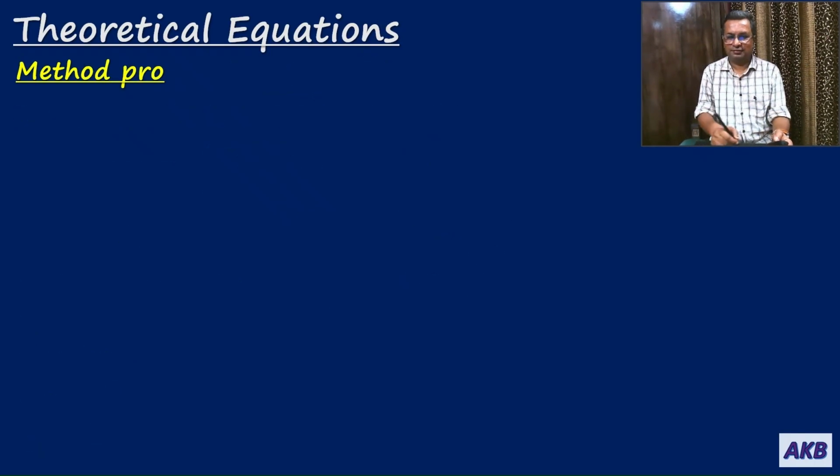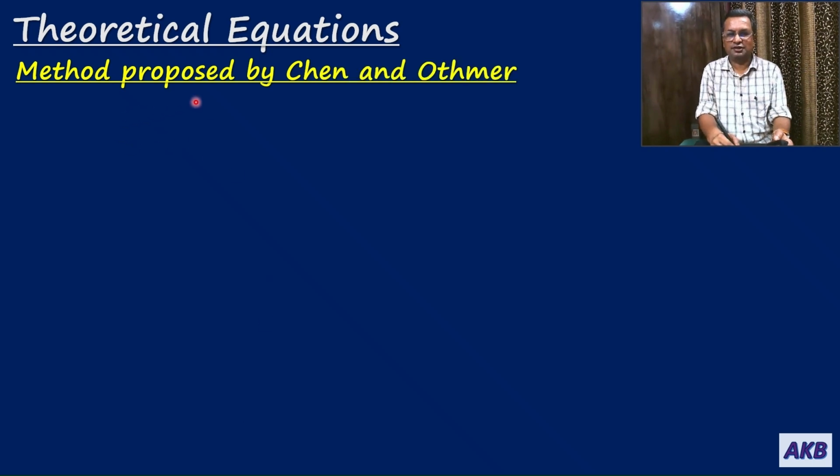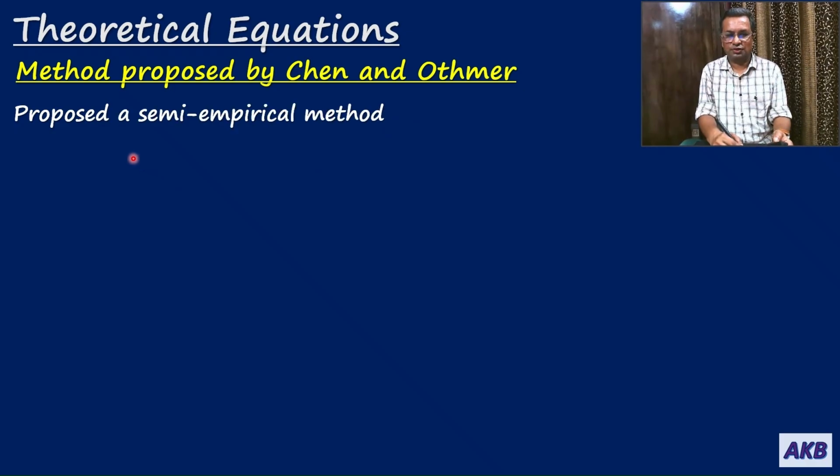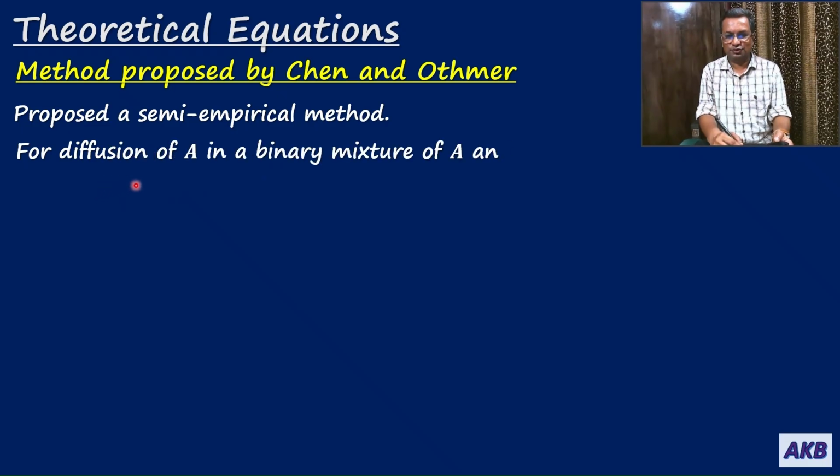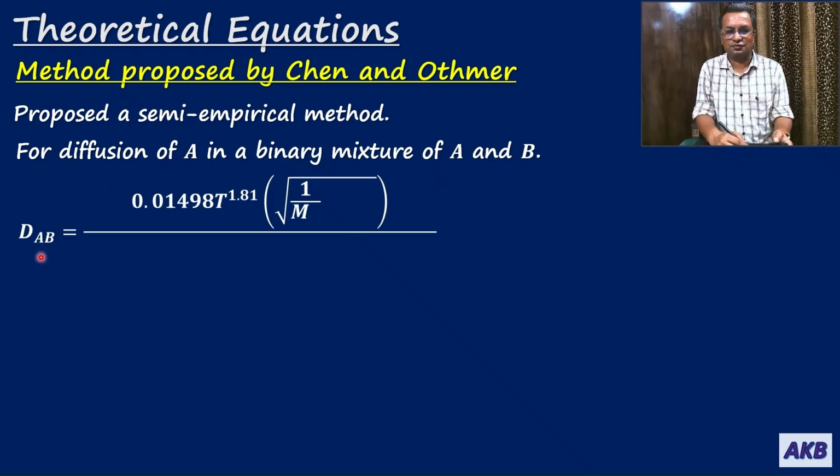Okay, then we have a method that is proposed by Chen and Othmer. These two authors proposed a semi-empirical method. For diffusion of A in a binary mixture of A and B, you can find out the diffusion coefficient from this equation.